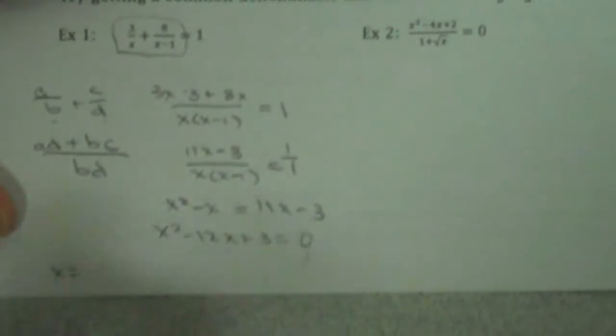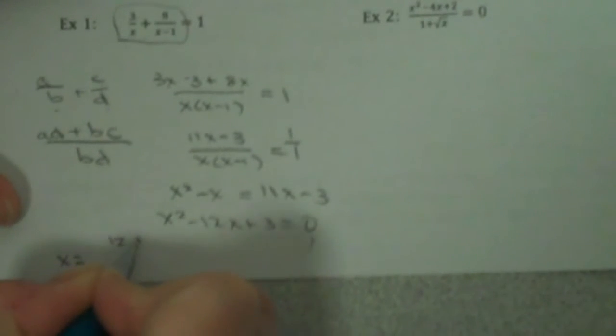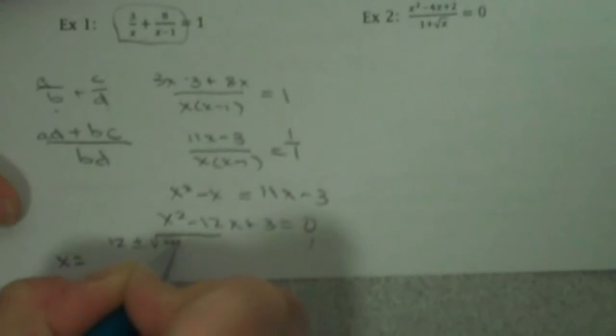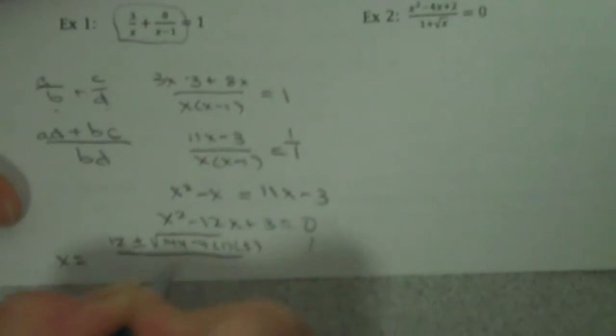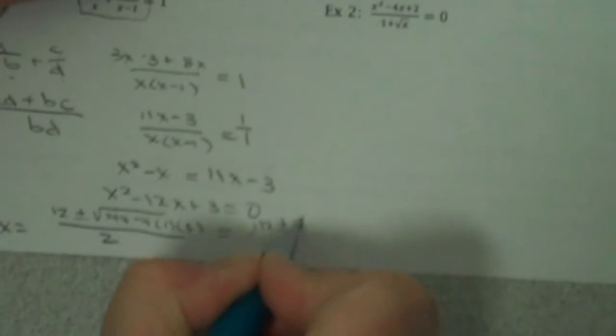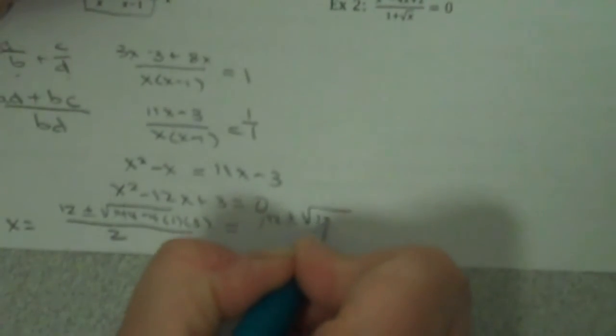So the quadratic formula, the opposite of b, plus or minus the square root of b squared minus 4ac, all over 2a. And then that's 12 plus or minus the square root of 144 minus 12, which is 132, over 2.